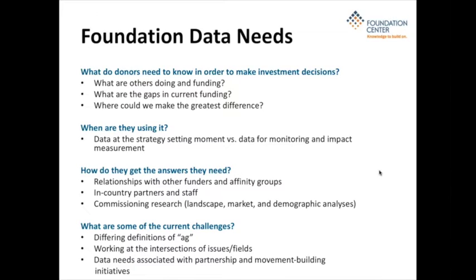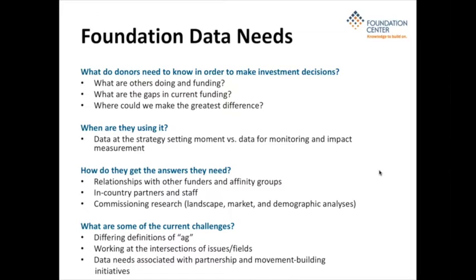Donors are really at the program level trying to understand what others are doing and funding, where the gaps are in current funding, whether that's at a specific crop level or at a regional level, and really where they could make the greatest difference. So all kinds of different data types and data sources go into helping to answer those questions.